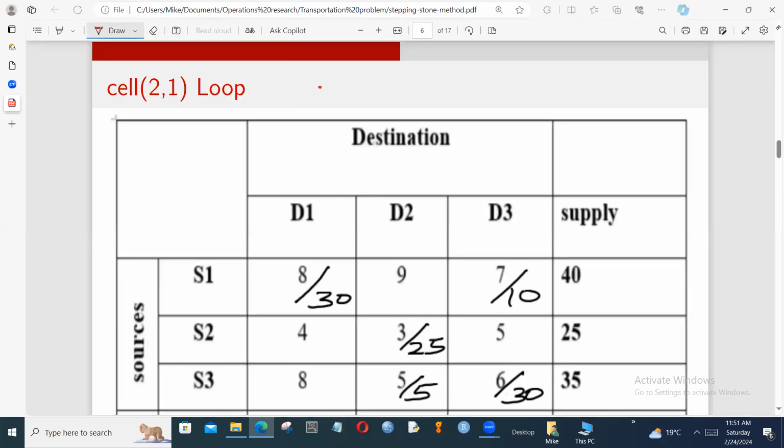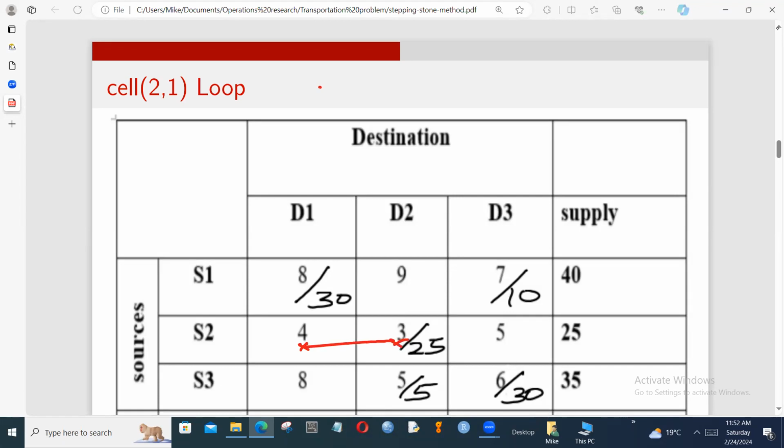We are talking of this particular cell, and we want to draw a closed loop. Again, a closed loop here could be of this kind. I think the same way we had drawn previously. And then you come straight up here, and finally here.